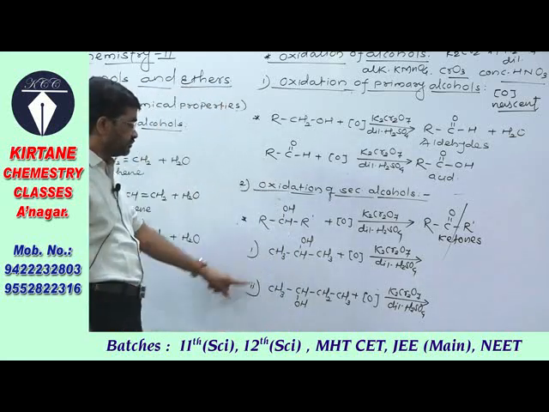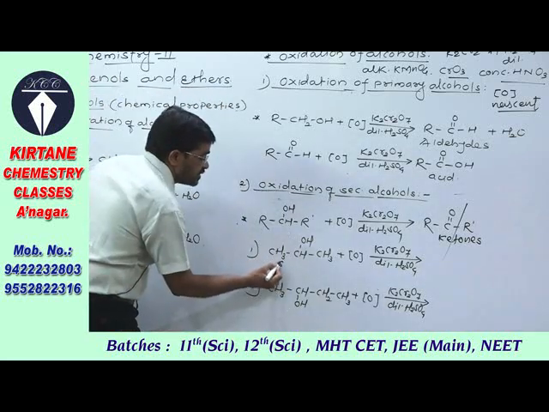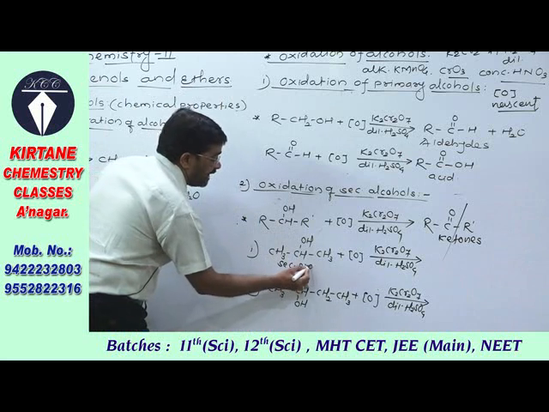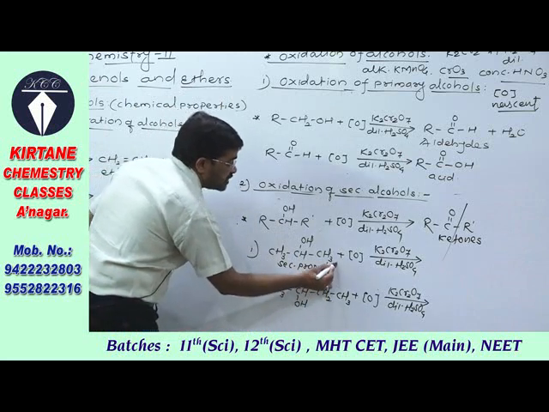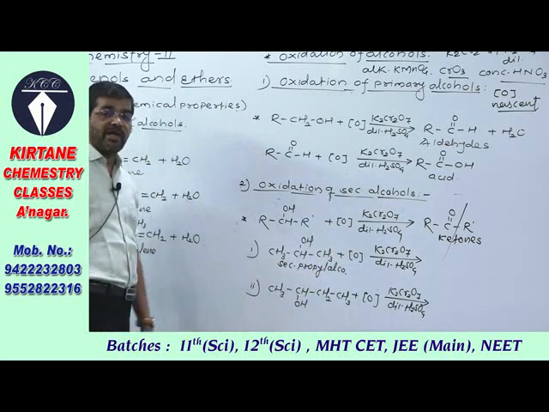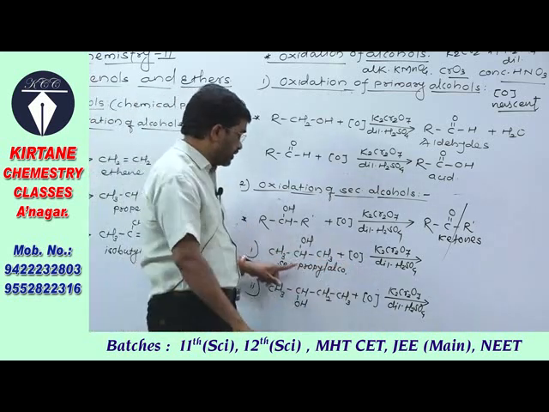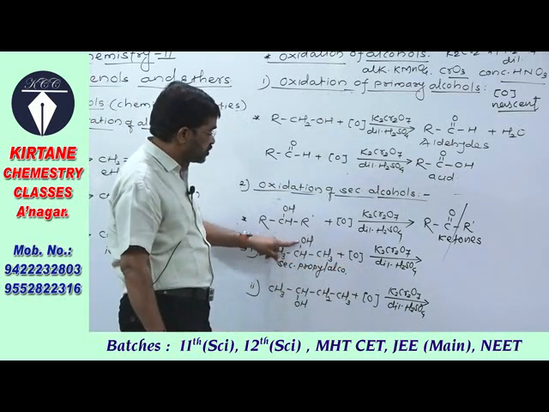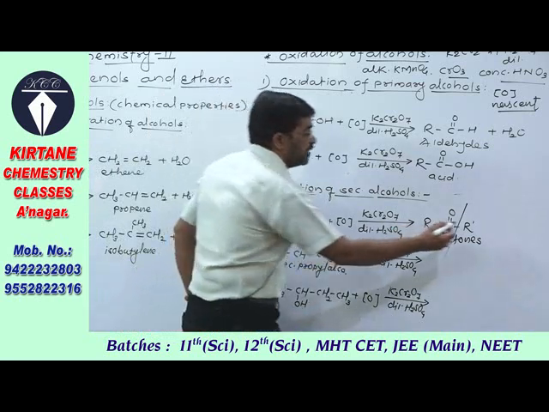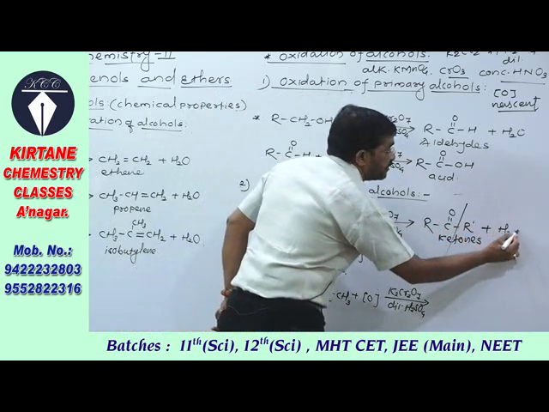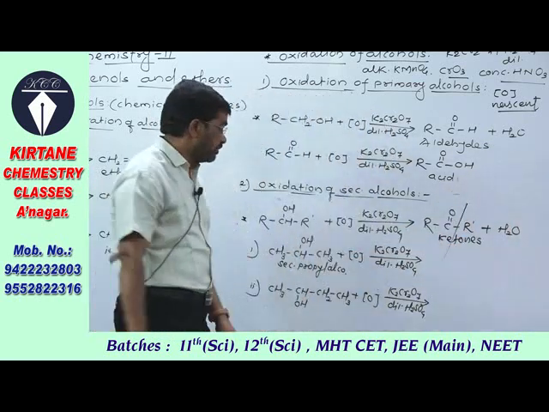So here see, it is secondary propyl alcohol or this is nothing but 2-propanol. On oxidation, this group changes to C double bond O group. In this reaction, byproduct is H2O.